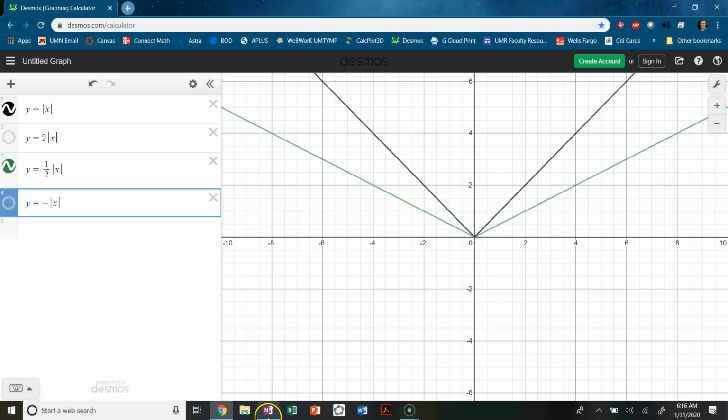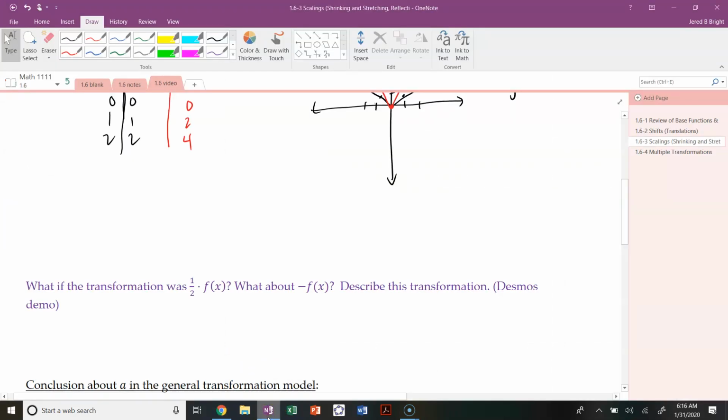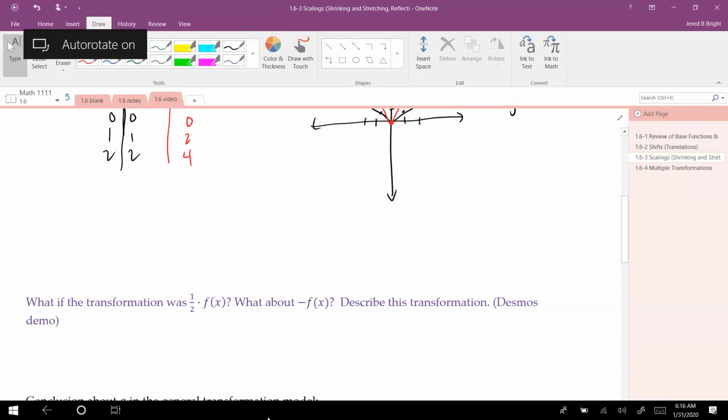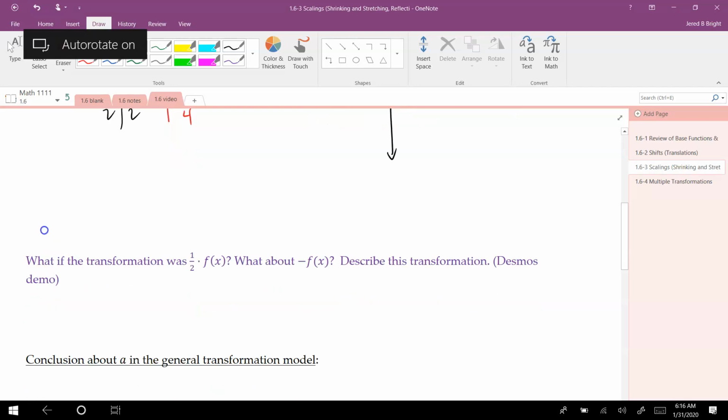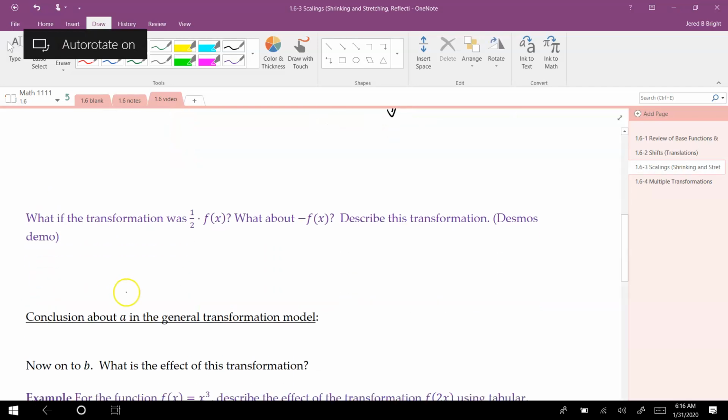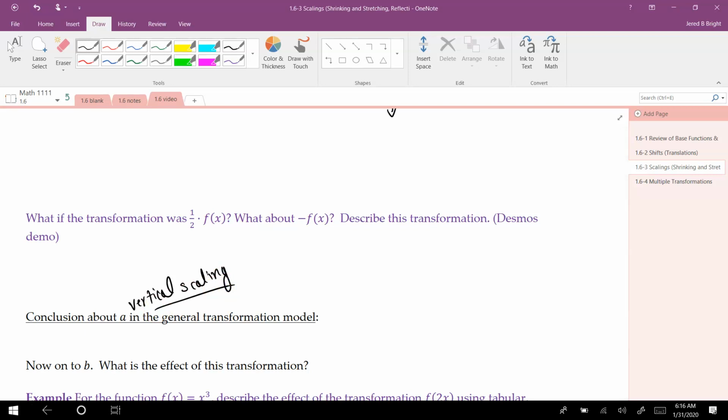Anyway, we need to move on and describe what's happening here. When we do this, we end up calling the a value a vertical scaling. There are 3 different cases.